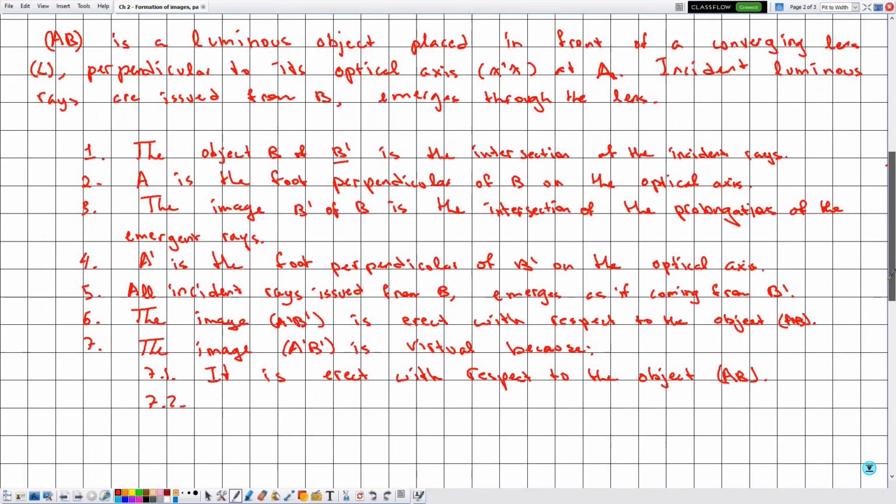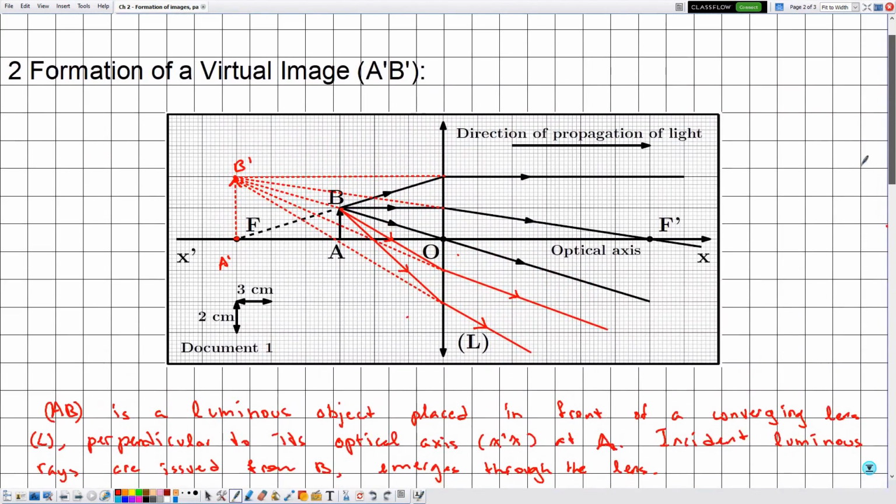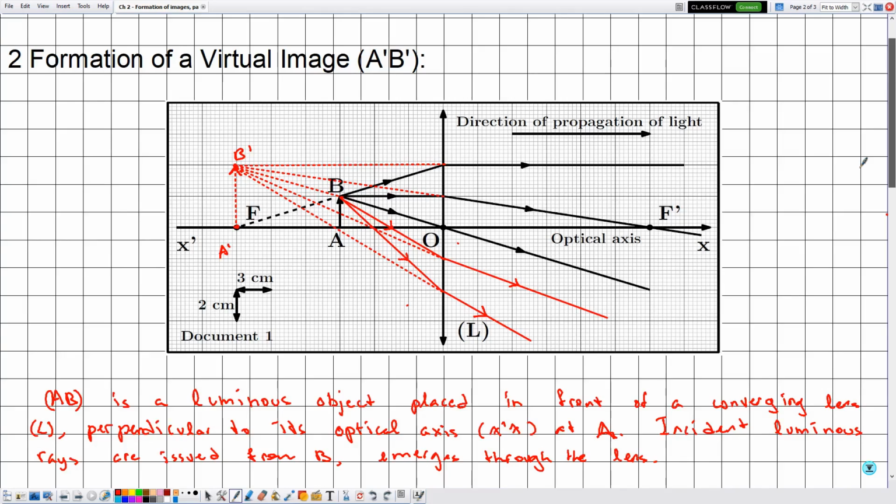So let's say that the object AB and the image A prime B prime are on the same side, because the image A prime B prime is virtual. And by this we have finished the construction or the formation of a virtual image.